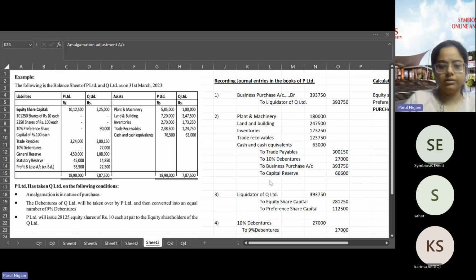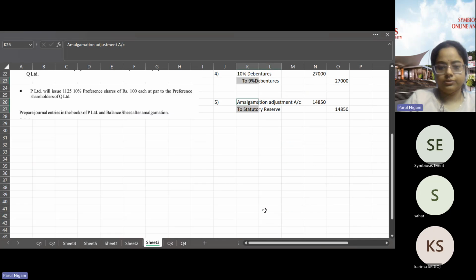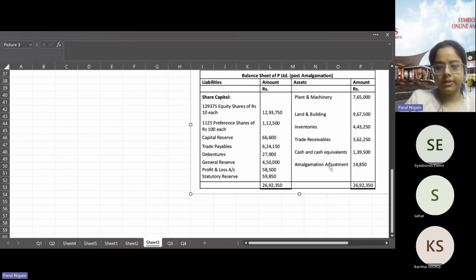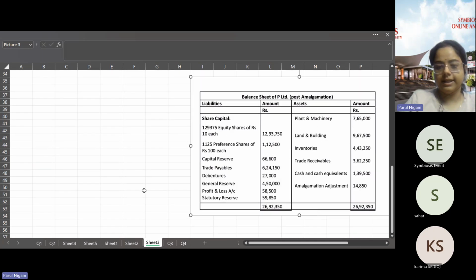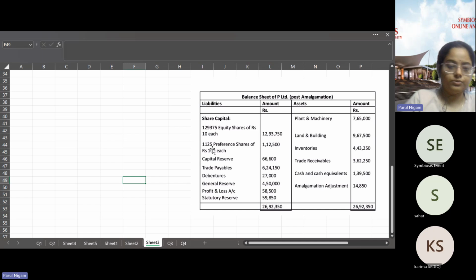Just give me a moment. So you will get a final balance sheet just like this. Recording all the plant and machinery, land and building, inventories, trade receivables, amalgamation adjustment, and then your equity shares, whatever you have issued, preference shares, capital reserves, trade payables. So this is going to be your final balance sheet post amalgamation.